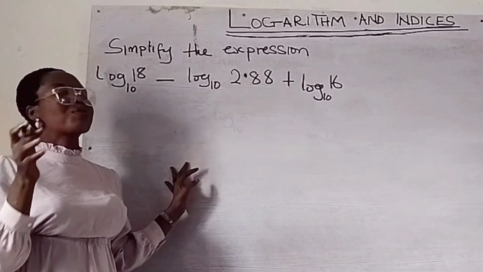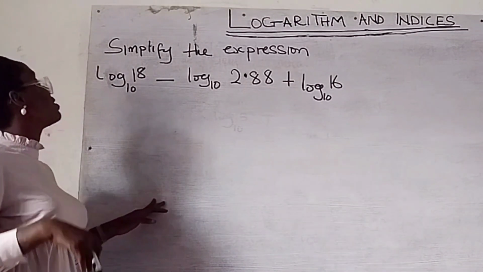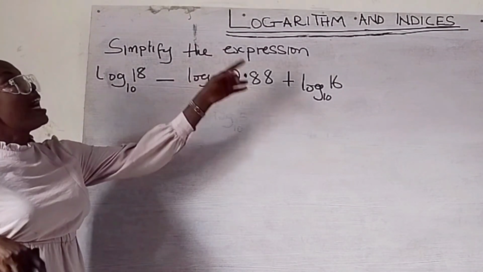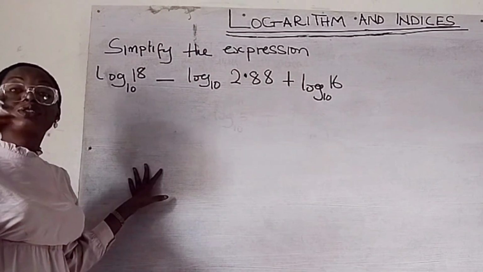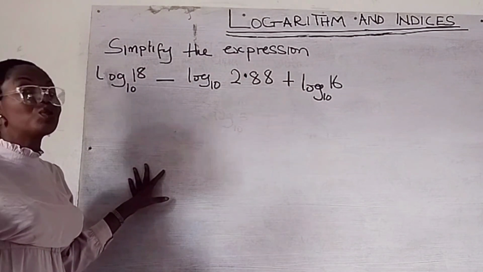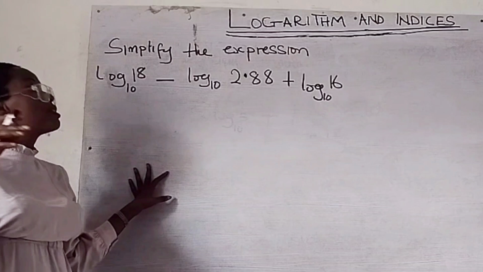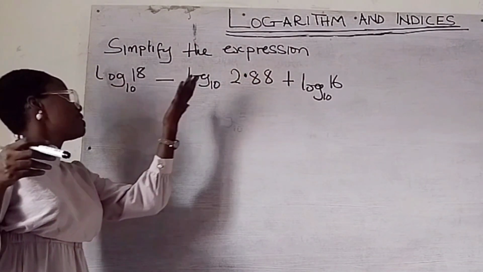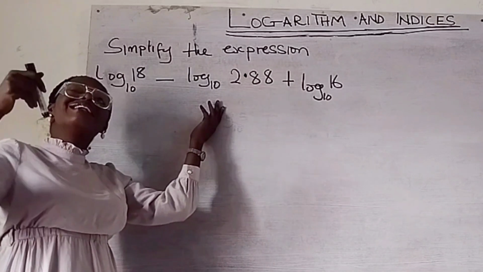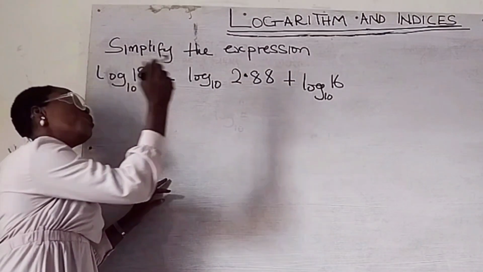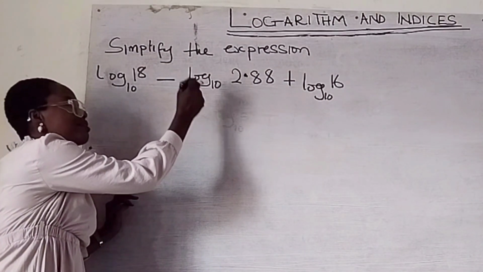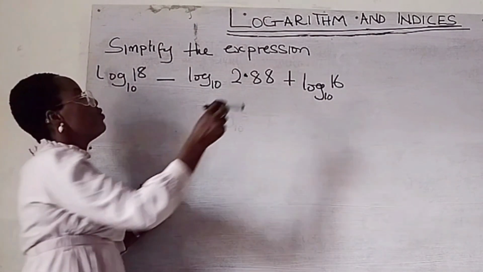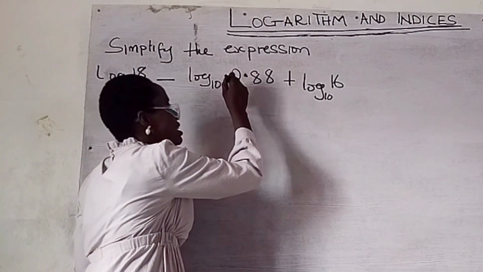Today, we've got to solve another question on logarithm and indices. Of course, we have solved one or two problems on logarithm and indices, of which we have skipped this one. But I specifically want to solve this particular question because of this decimal point here.